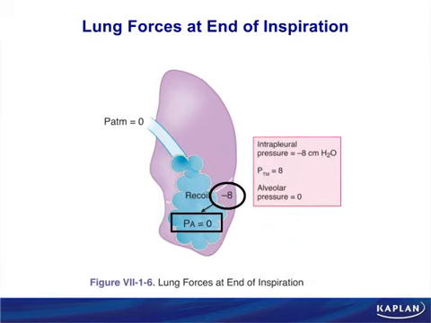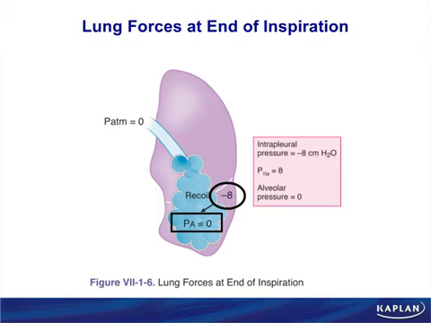All right, now we're at the end of inspiration. Again, we made interpleural pressure more negative. Let's say it went to -8. That's just a reasonable number to work with. Notice that the transmural pressure gradient is 8. The alveoli are distended, but the air has rushed in, and now we have an alveolar pressure that's the same as atmospheric pressure.